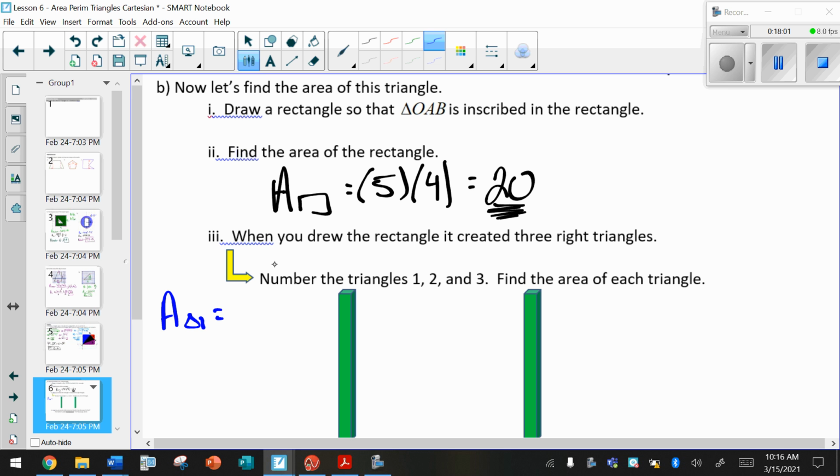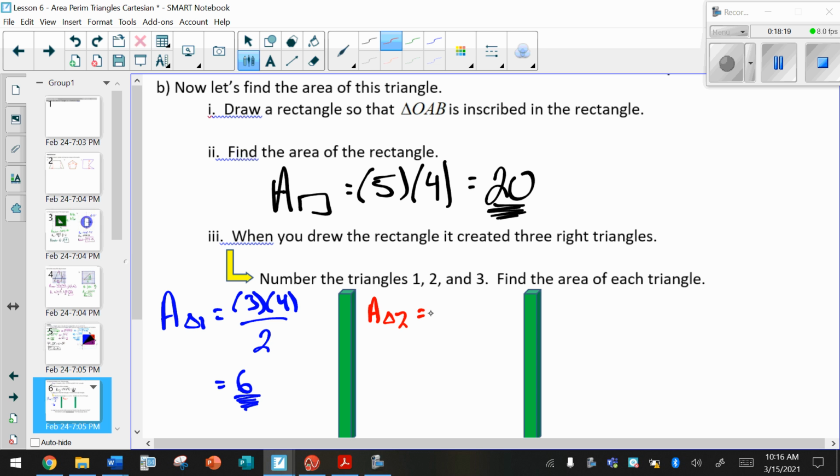Area of triangle 1 is base times height divided by 2, which is an area of 6 square units. The second triangle, that was the one on the top right, area of triangle 2. Notice how I'm labeling my areas so I can tell which is which.